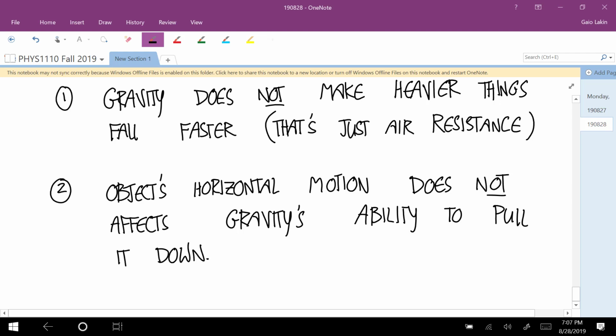So if you gently throw a baseball, you know it follows sort of a curved path, okay? And that curve is a parabola.